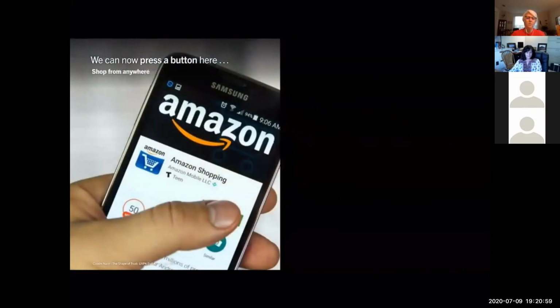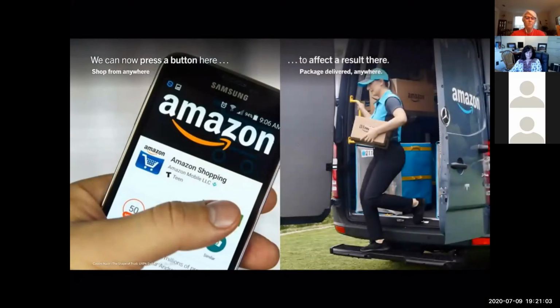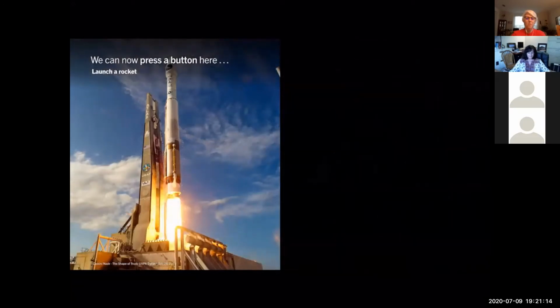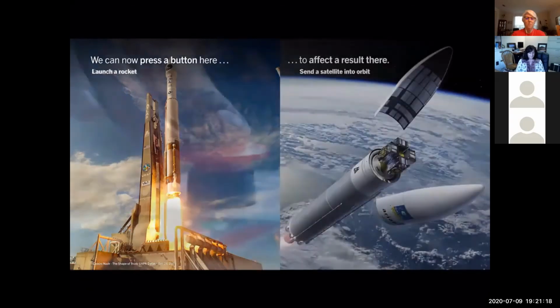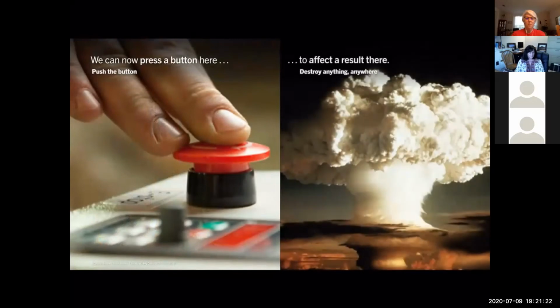We've pressed a button here to shop from anywhere, to have Amazon or whomever it is deliver our packages. It doesn't even have to be on this planet. We can press a button here to send something outside of our planet. And perhaps the most drastic reality is that we can push a button and cause mass destruction.